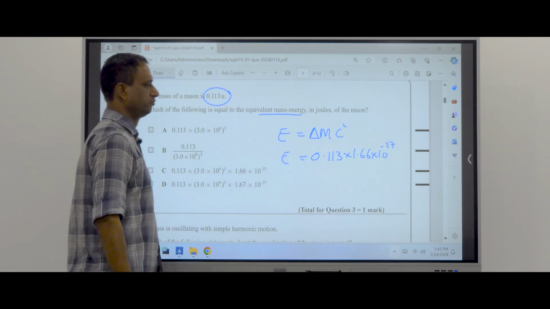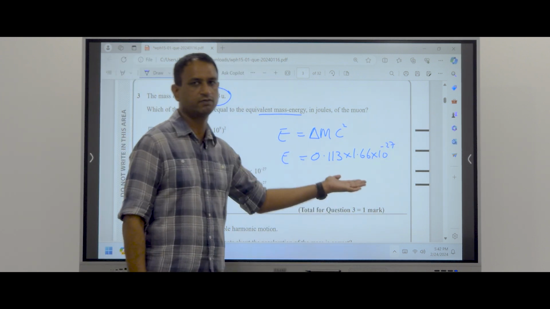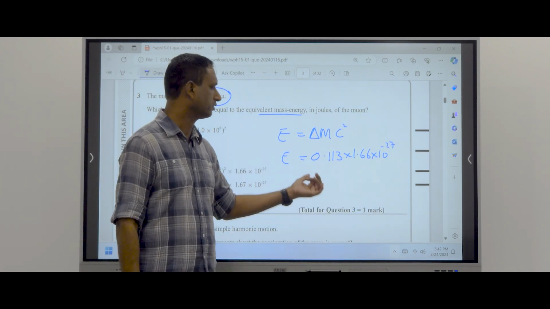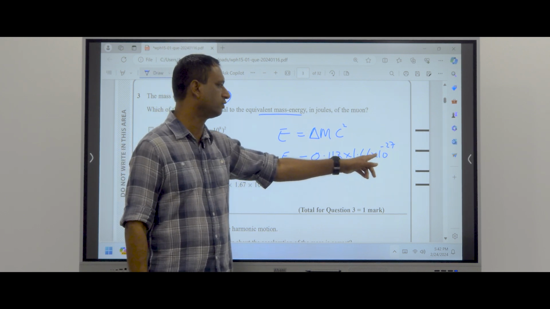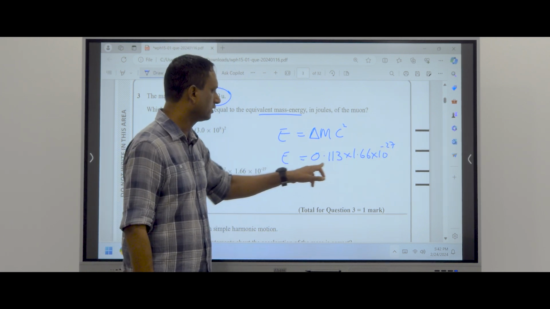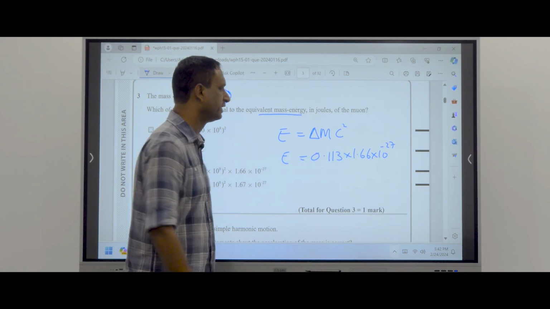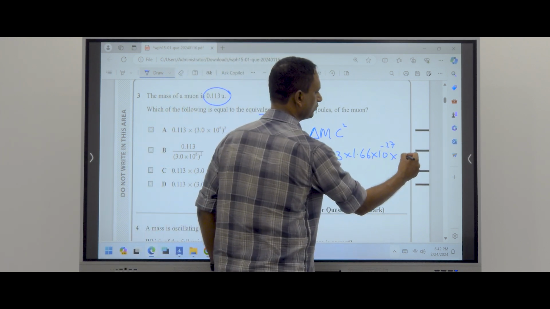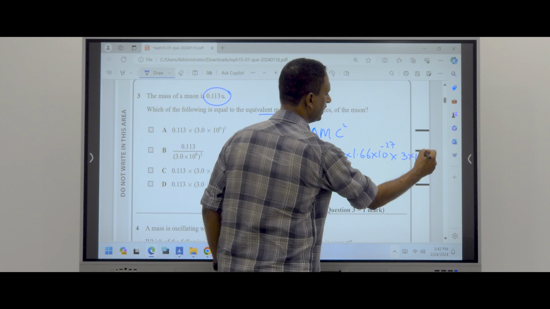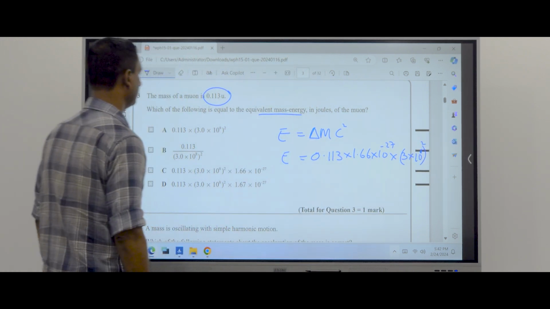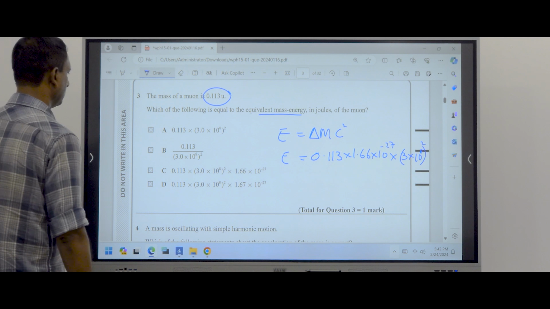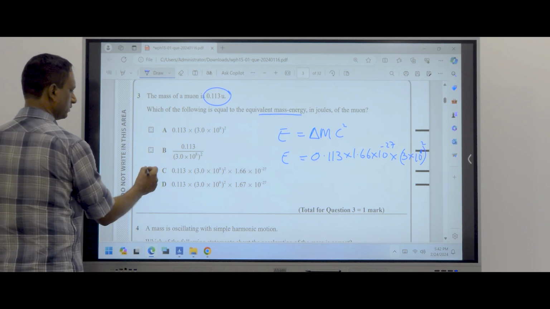You can see the mass of u, atomic mass unit, in kilograms. This is the conversion. We multiply by 1.66 times 10 to the power of minus 27. u is converted to kilograms, and then c squared, 3 times 10 to the power of 8 squared. Answer C.